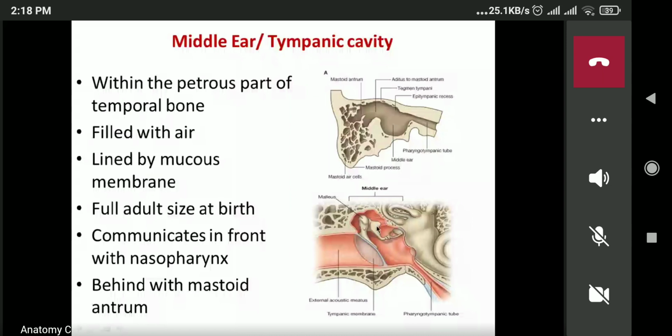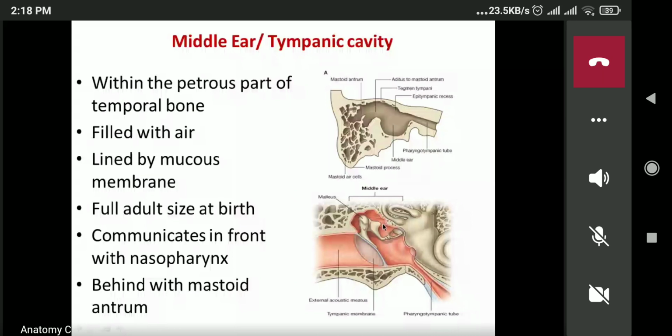The middle ear cavity is filled with air and lined by mucous membrane, and it assumes full adult size at birth.